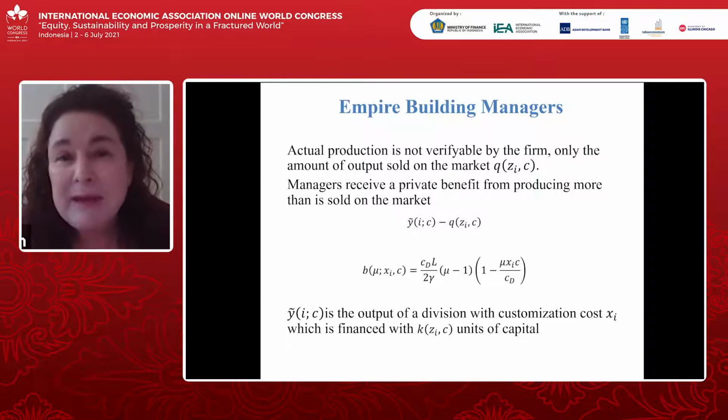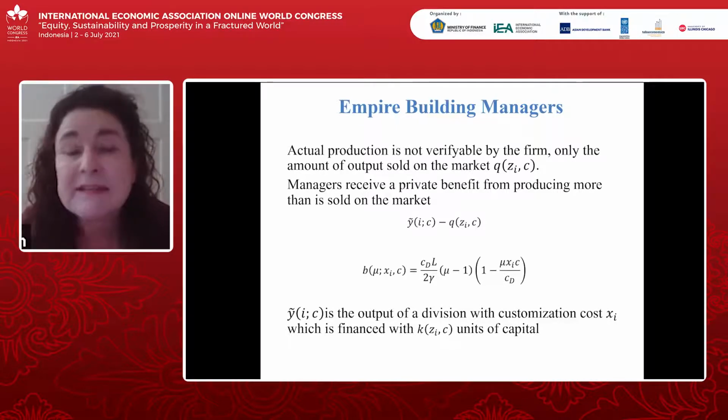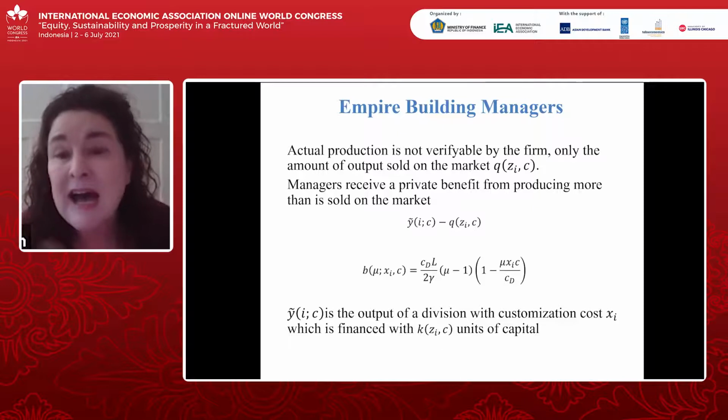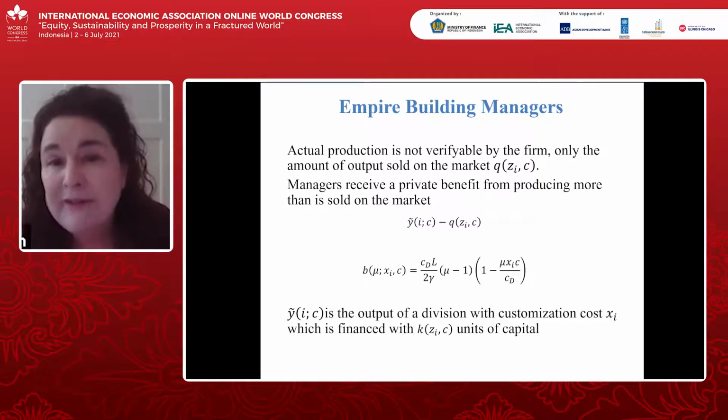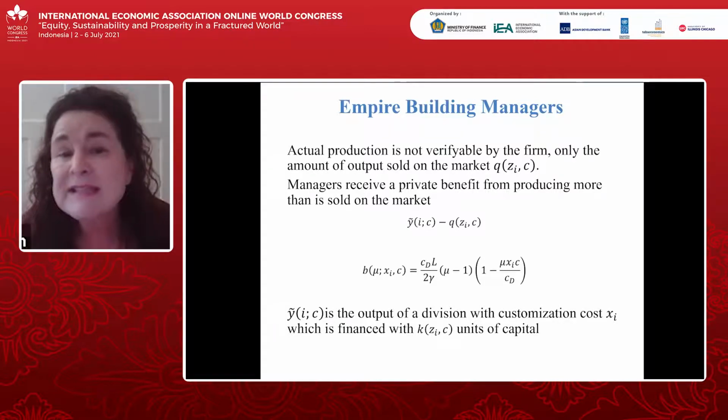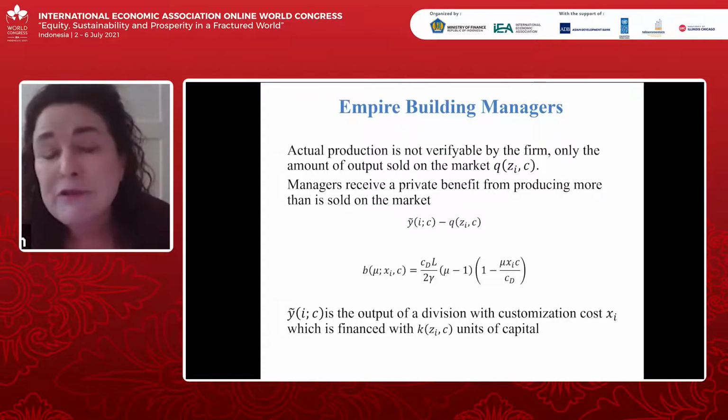Then we have the empire building managers. So the actual production in the non-core segment is not verifiable by the firm. Only the amount of output that is sold on the market. And managers receive a private benefit from producing more than is sold on the market. So the private benefit is maybe the future chances.